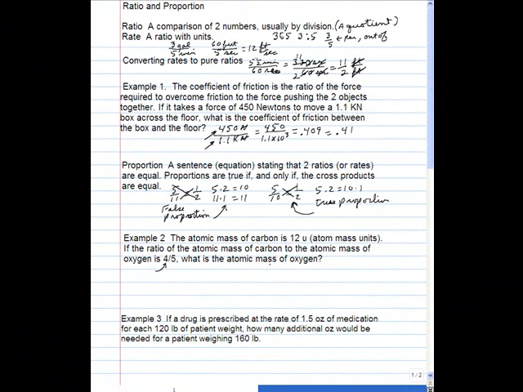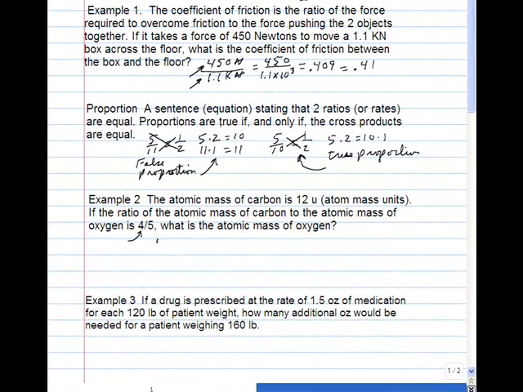It's the ratio of the atomic mass of carbon to the atomic mass of oxygen. So I'm going to set up a proportion now with this, and it'll go like this. 4/5 is the same as the atomic mass of carbon to the atomic mass of oxygen, which I'm just going to call X.